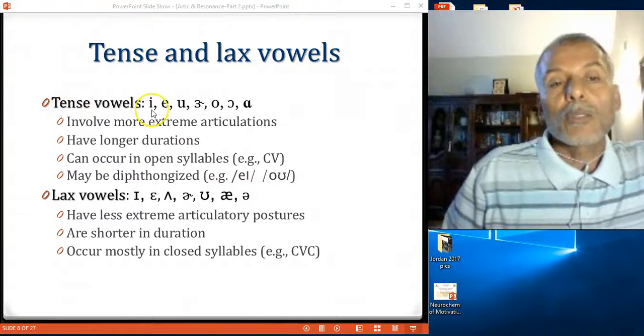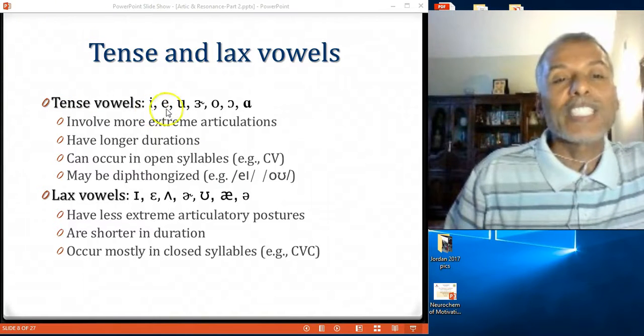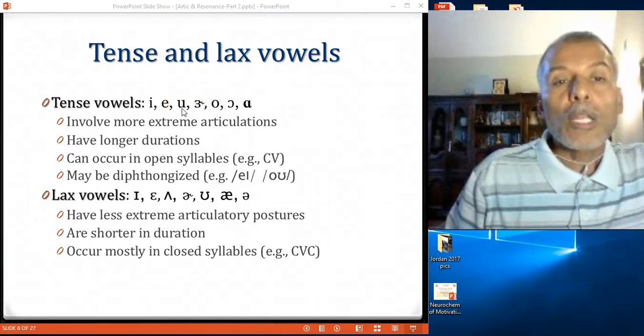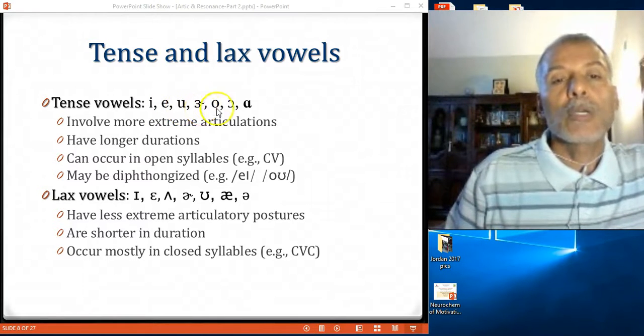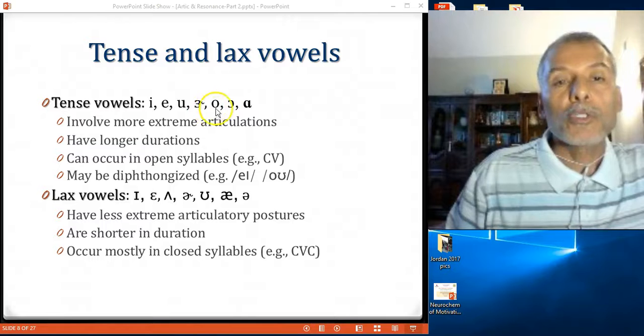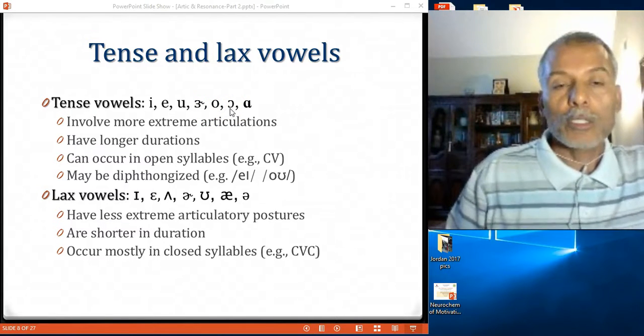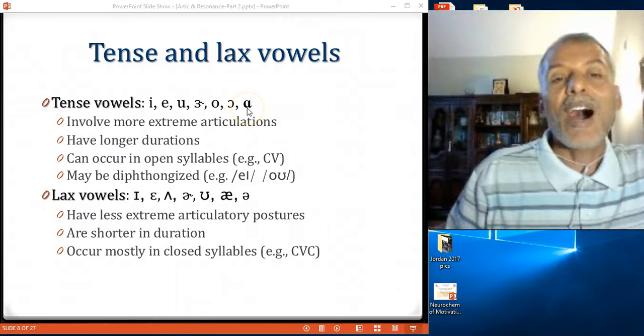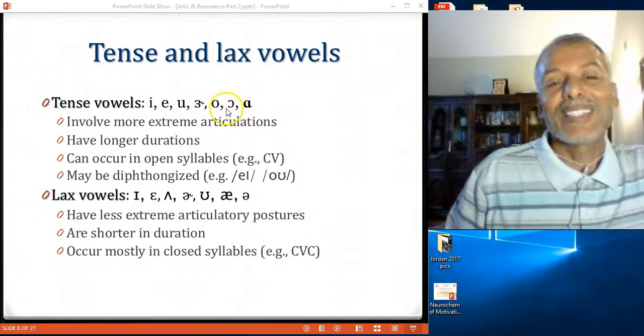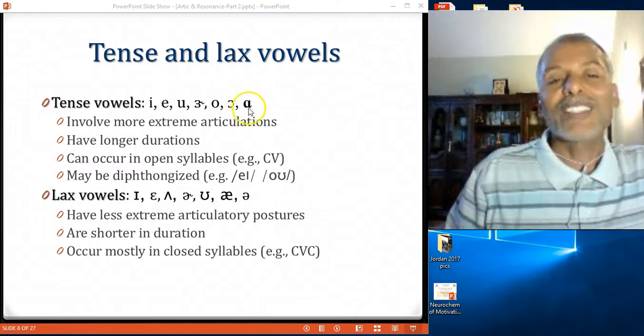The tense vowels include E as in feet, A as in Sunday, Monday, U as in school, as in bird, O as in Melrose, or fructose, O as in thought, and A as in car, or as in thought. If you choose to say it instead of thought, you say thought.